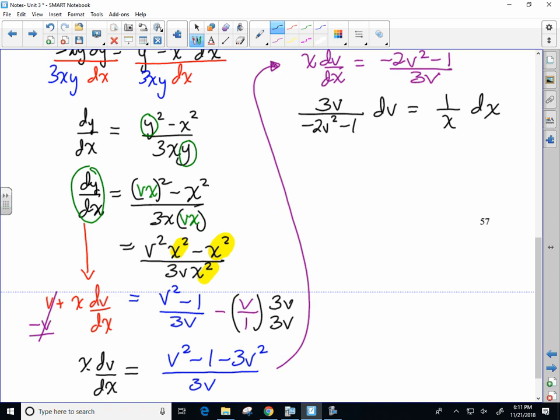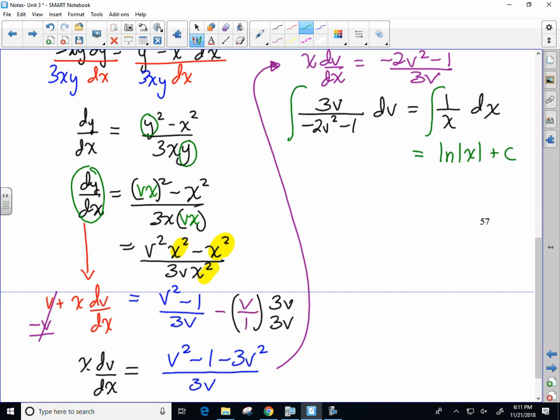Now I can integrate. Right-hand side's easy. That's just ln of x plus c. Left-hand side actually isn't that bad either, because the denominator, if I take its derivative, I would get negative 4v.